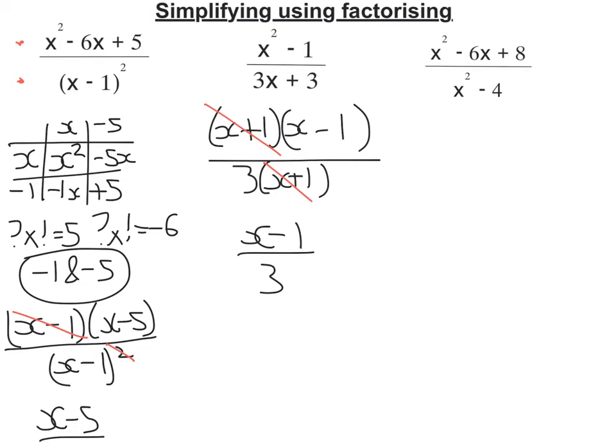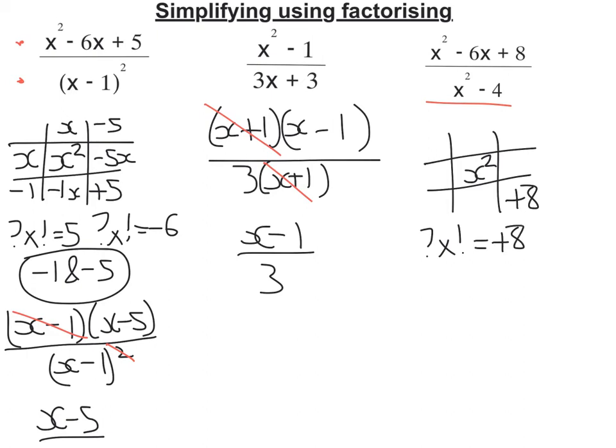Now, last one here. Now, the denominator here looks like it's a difference of two squares, so that should be relatively straightforward. But the top, I am going to have to use my grid again. So I put my x squared term here and my constant here. I'm looking for two numbers that times to get +8, but add to get -6.